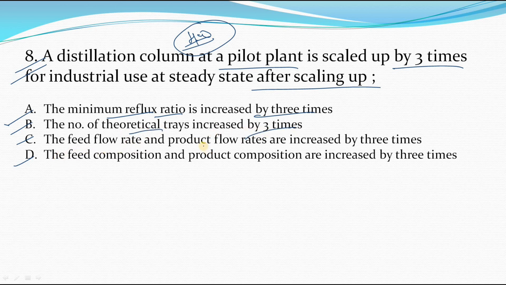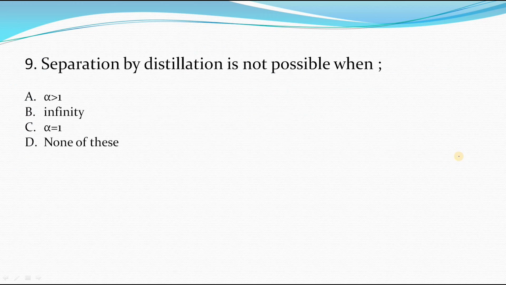The third: the feed flow rate and product flow rates are increased by 3 times. Or the D option: the feed composition and product composition are increased by 3 times. Please let me know in the comments box the right answer with a detailed explanation of why it is right.